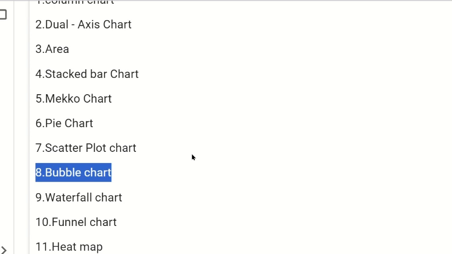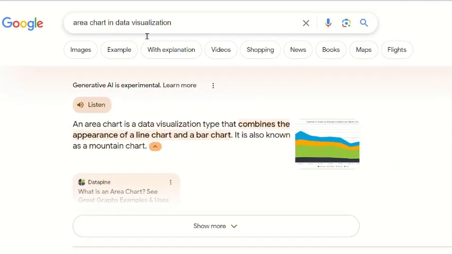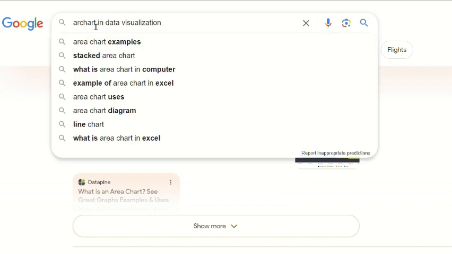Waterfall chart, I don't know waterfall chart. Funnel chart I know. I'll show you an example. The waterfall chart also shows the cumulative effect of positive values or negative values.